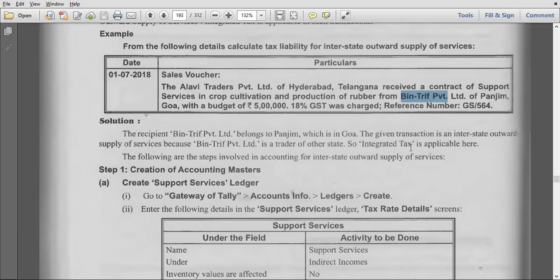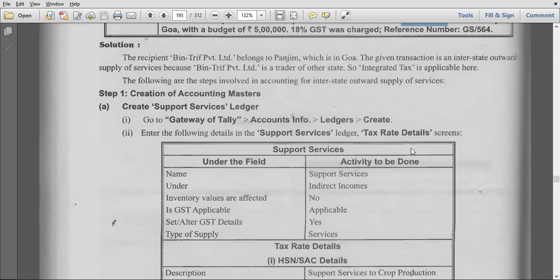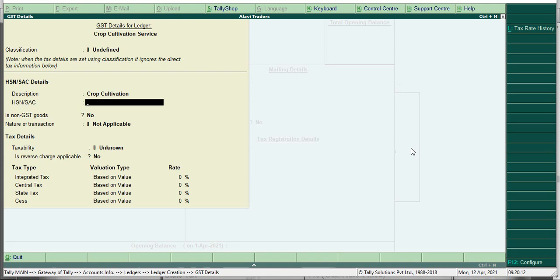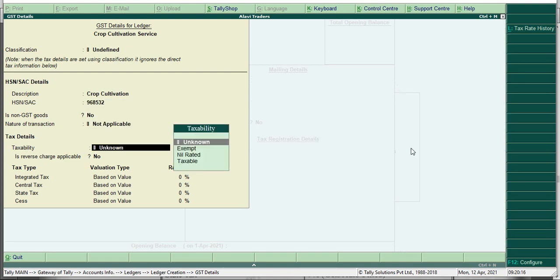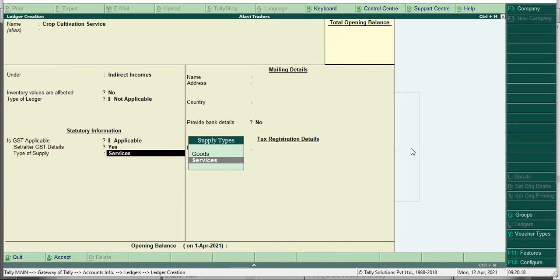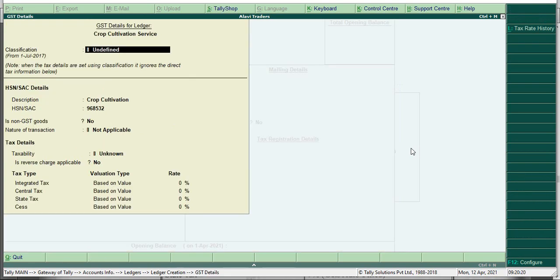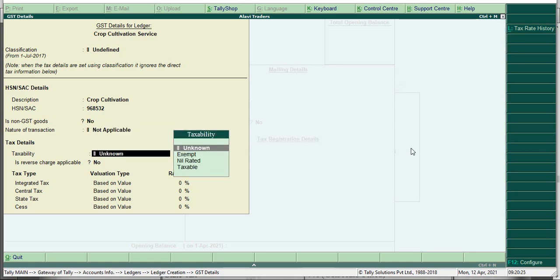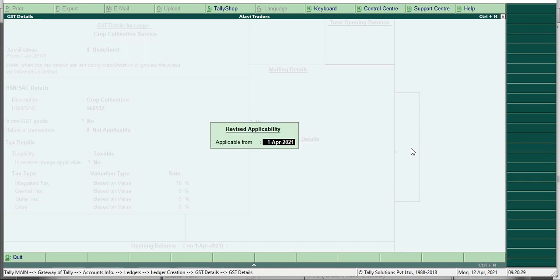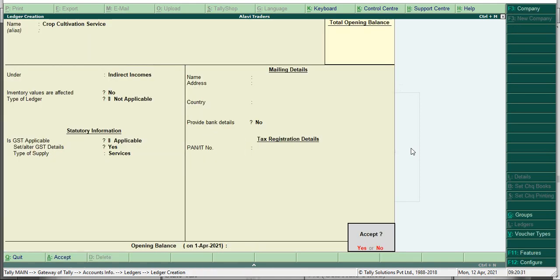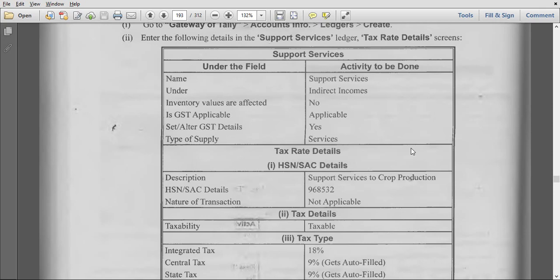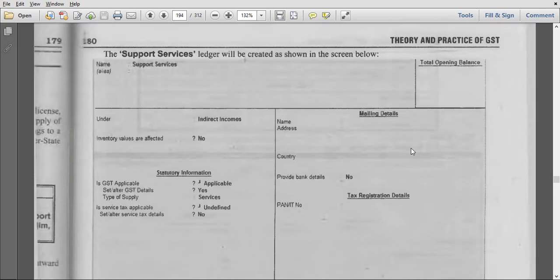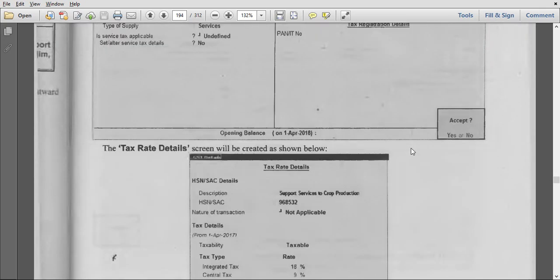What is the HSN number for this? 968532, not applicable. Taxable 18%. Services. Next, what is that ledger? Support services is done.